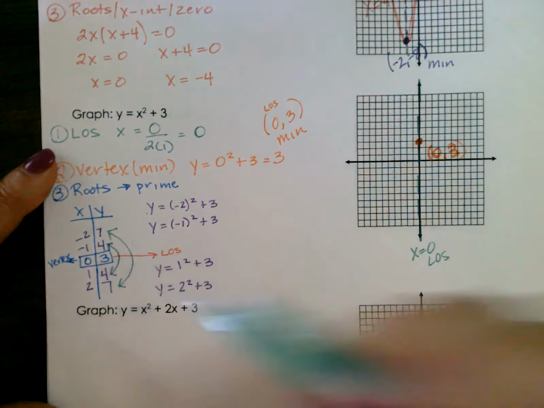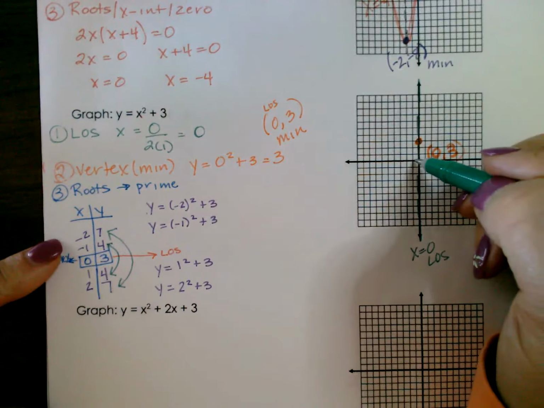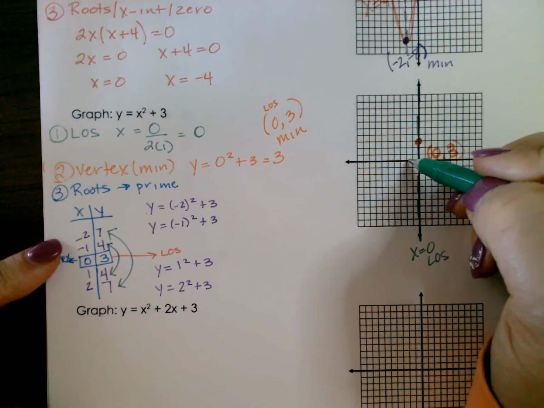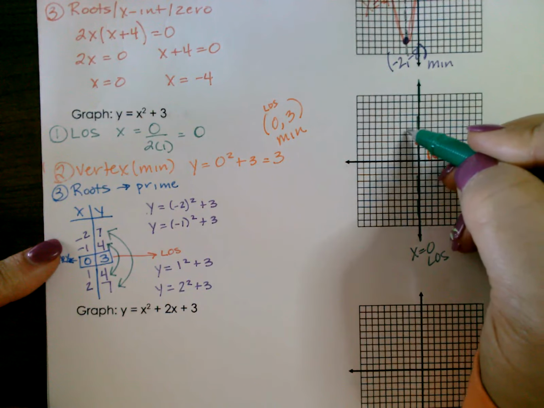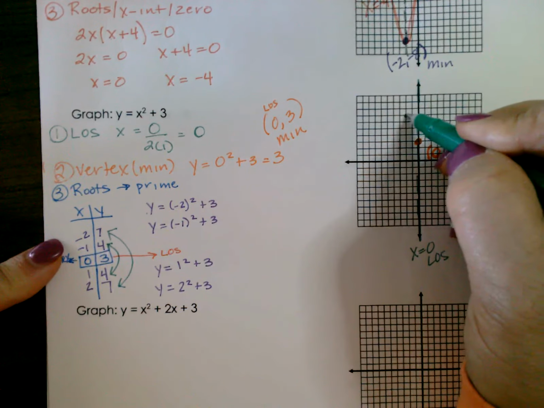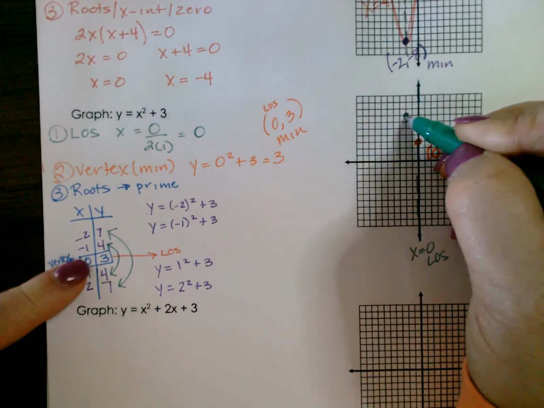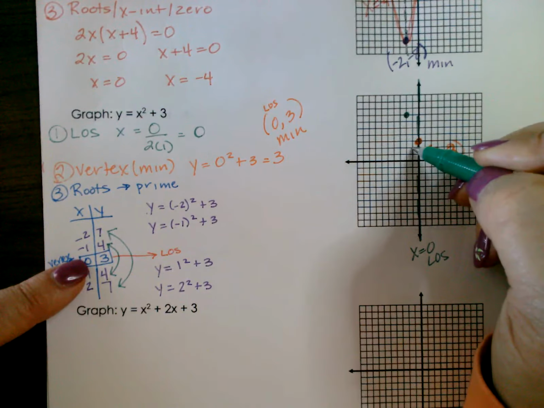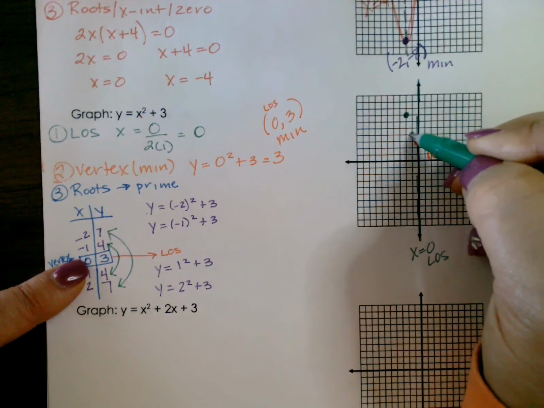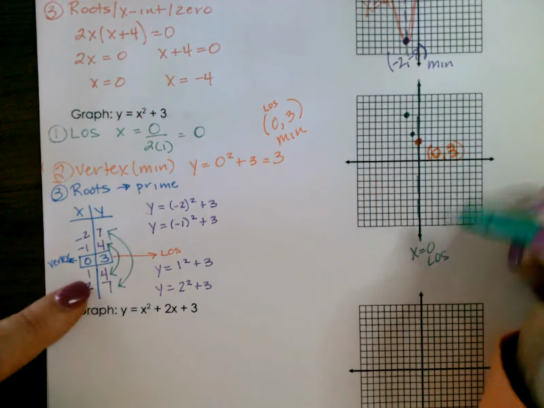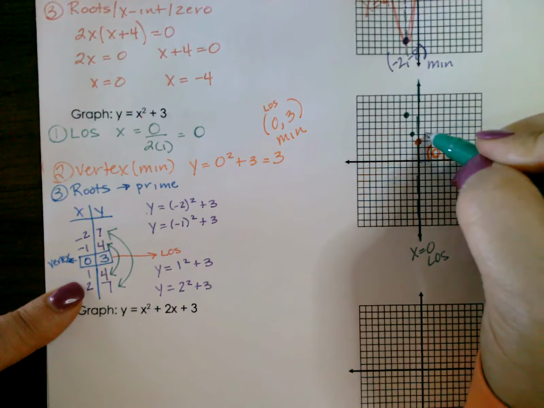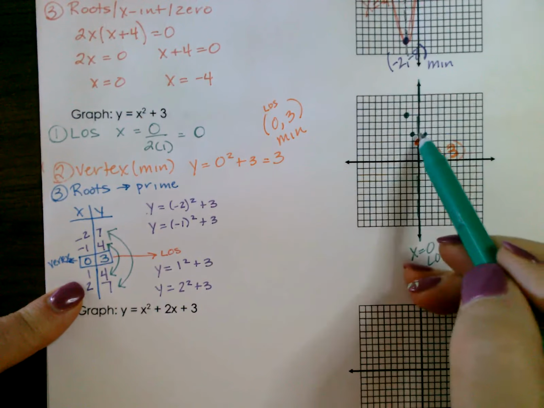So I'm going to graph the ordered pair (-2, 7). So 1, 2, 1, 2, 3, 4, 5, 6, 7. Then I'm going to do (-1, 4). Now I have to do +1. Oh, that kind of makes sense. Notice the mirror.